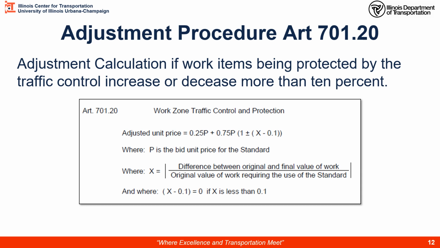If you remember, we pay for the setup as 25% or 0.25 of the lump sum paid up front as a factor for just setting up the traffic control. And then we have the length of time it's in place is 0.65, and then a final 10% or 0.1 for the removal. So the 0.65 plus the 0.1 gives you the 0.75. And this is the portion that we will perform the adjustment on.